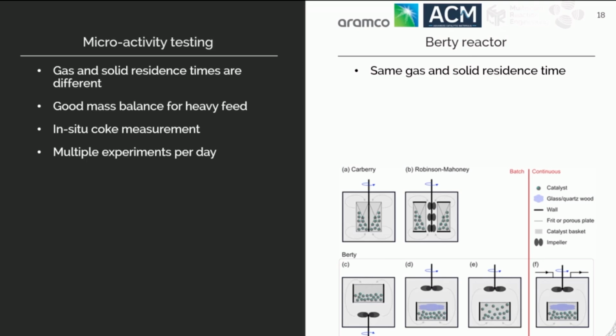For the Berty reactors, the bed could be fixed or fluidized. Of course, we are going for the fluidized one. Our goal in developing the Berty reactor with ILS company is to have a setup that can represent the Berty reactor and at the same time can have the good features of the microactivity testing.